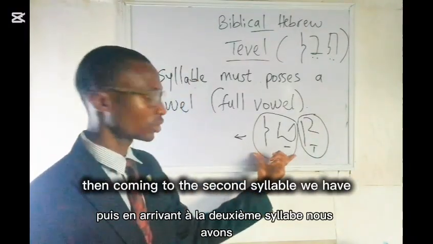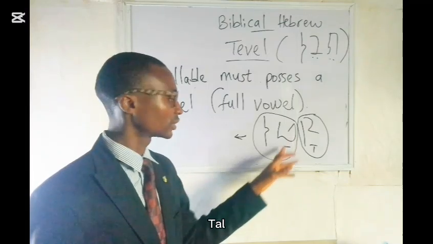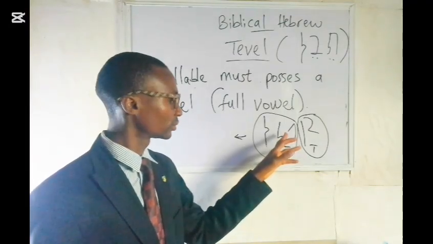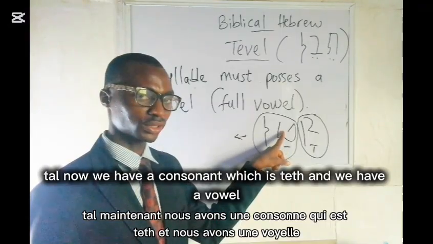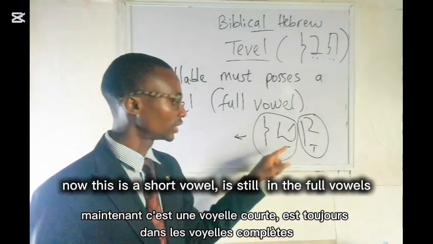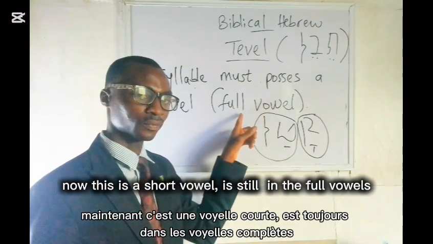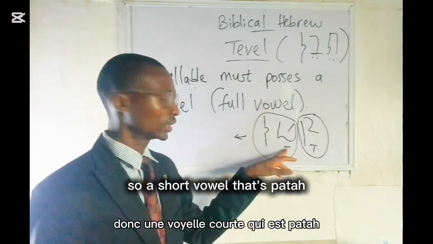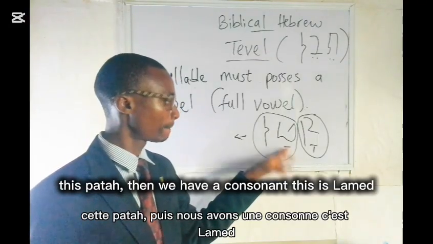Then when we come to the second syllable, we have tal. Now we have a consonant, which is tet, and we have a vowel. Now this is a short vowel. It's still in the full vowels. So a short vowel, that's patah.